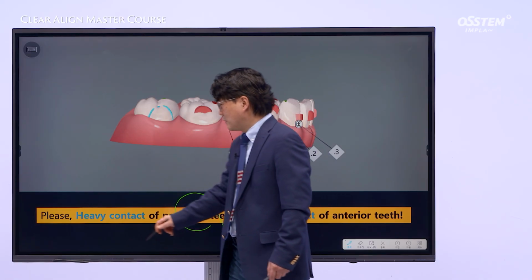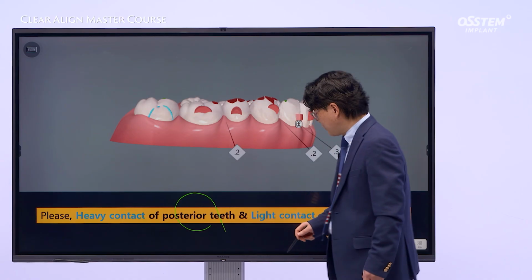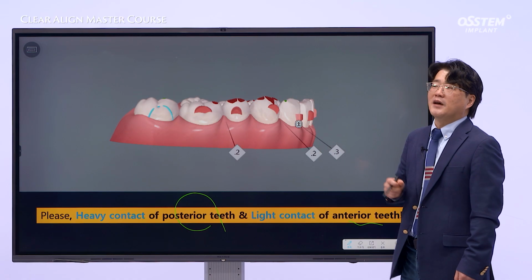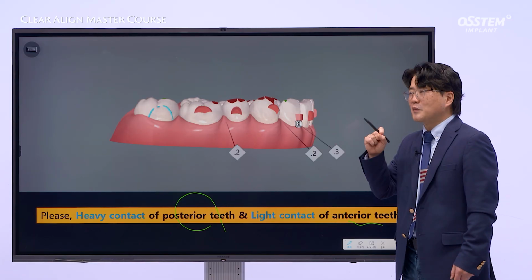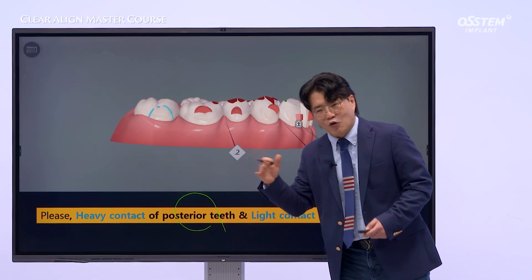For Magic Align systems, you can write heavy contact for the posterior region and light contact for the anterior region, even in Korean. You can request 0 mm or 0.2 mm overbite in the anterior region. This allows you to design a shallower vertical overbite.